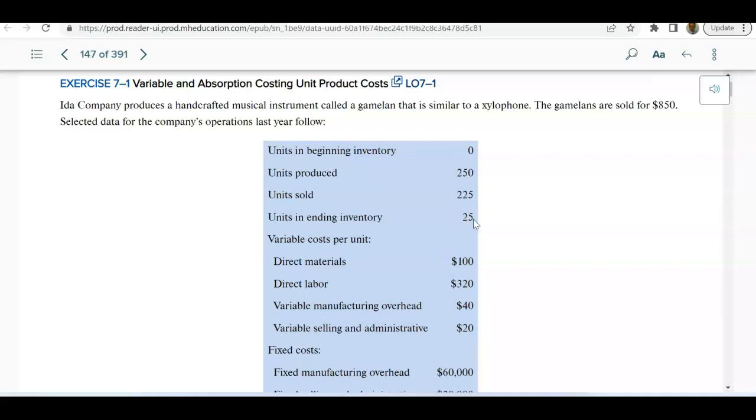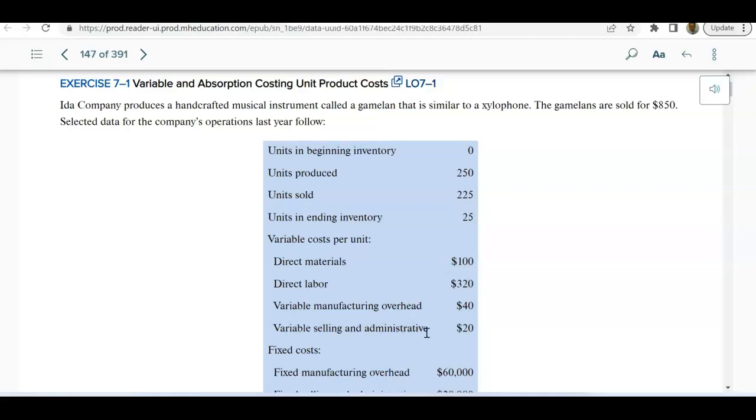Units in ending inventory is 25, obviously, because you sold less. Variable cost per unit: direct material is variable. Yes. Direct labor is always variable, yes, because if you don't produce anything, there will be no cost. Manufacturing overhead has two types, either variable or fixed. So here, variable manufacturing overhead is 40. And also remember I said selling and administrative expenses might be fixed and variable.